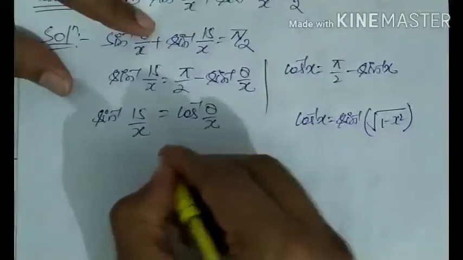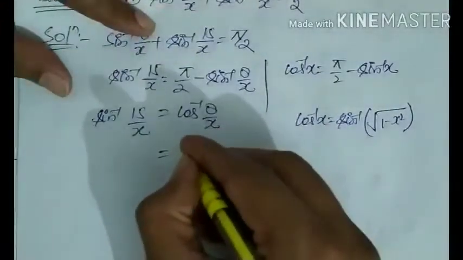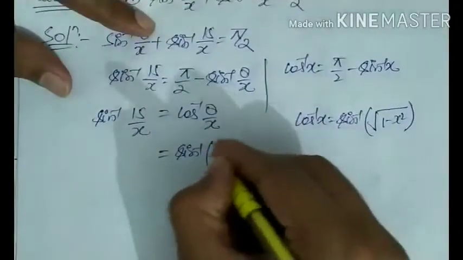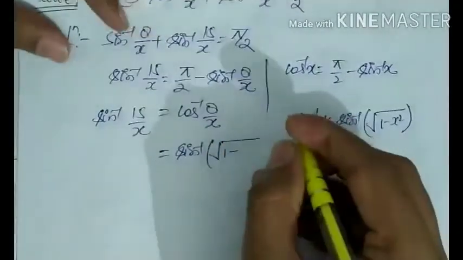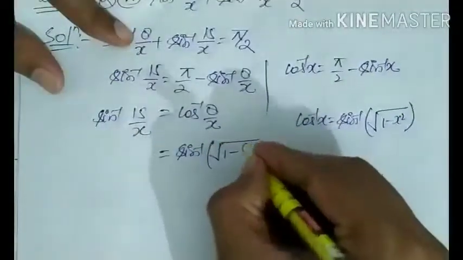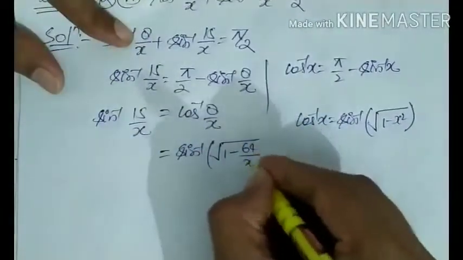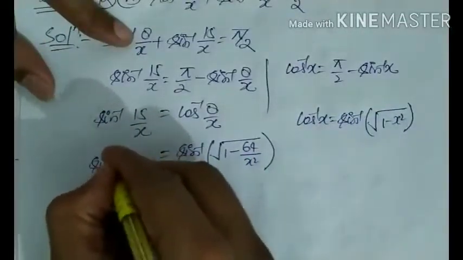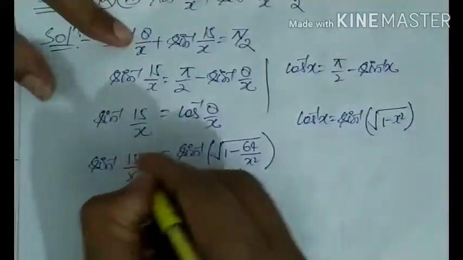That's why we can write here sin inverse of under root 1 minus x square, meaning 8 by x whole square. 8 square is 64 upon x square, which equals sin inverse of 15 upon x.